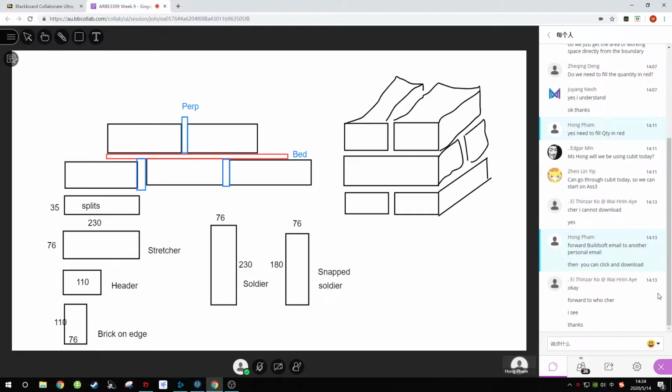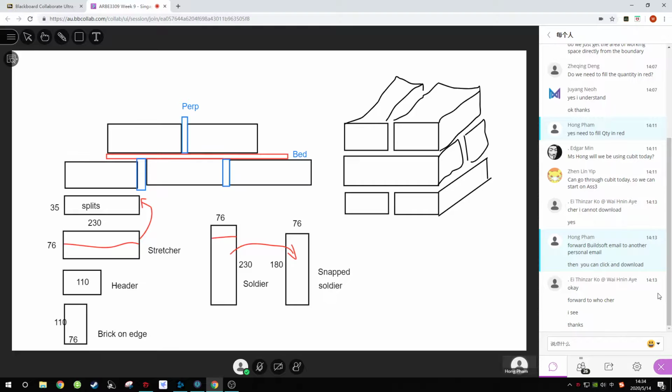A split is a stretcher that has been cut, a cut stretcher. A snap soldier is a cut soldier. We cut this part here to become a split, and we cut this part here to become a snap soldier.